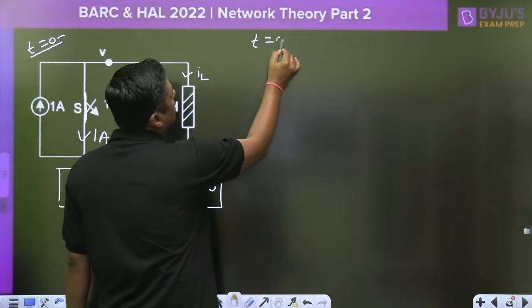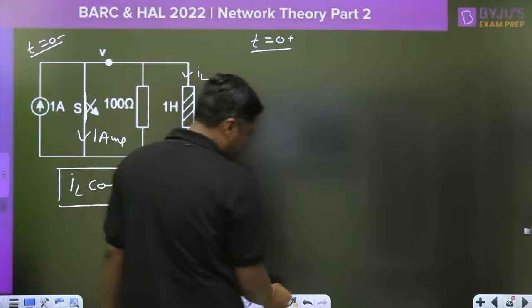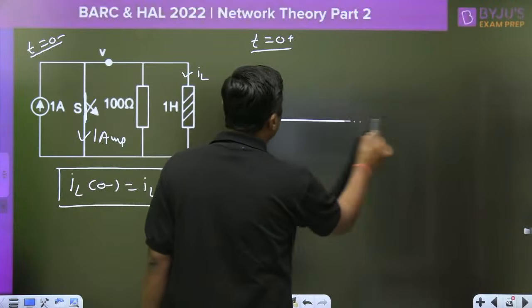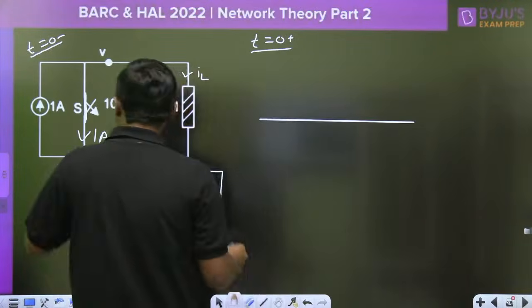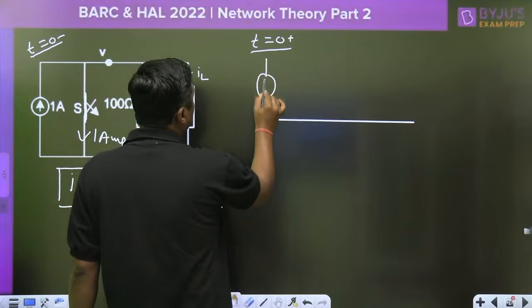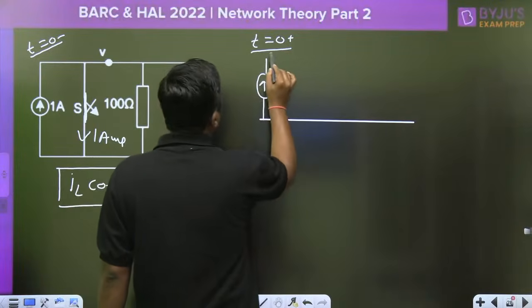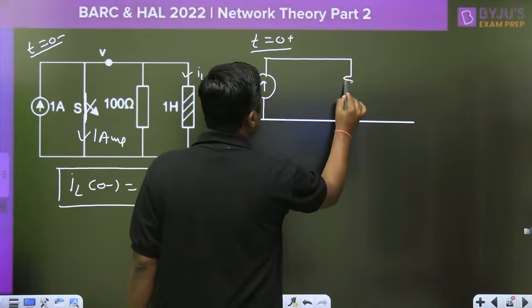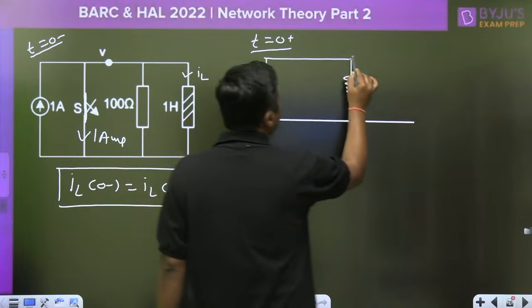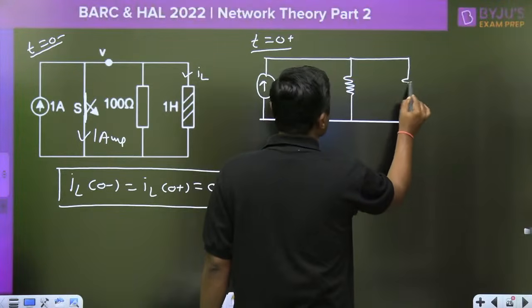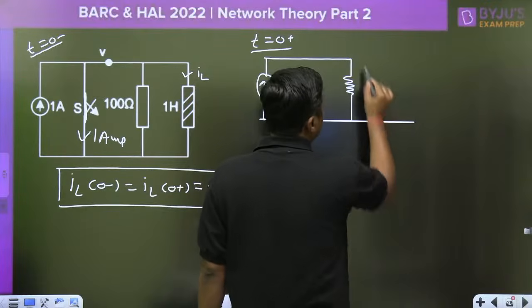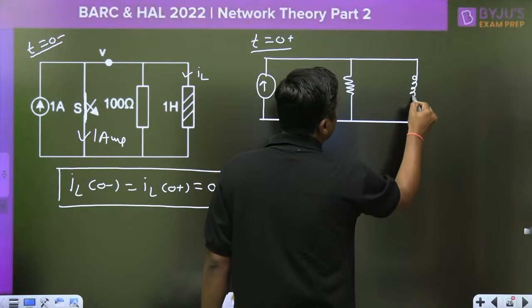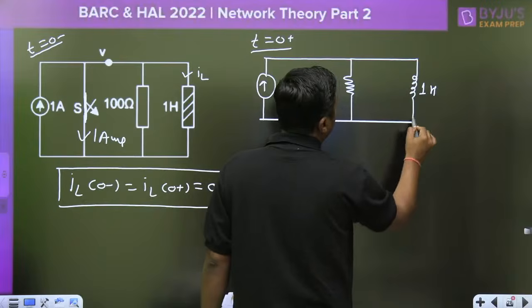For t equal to 0 plus, the switch is open. This is the 1 ampere current source, this is the 100 ohm resistor, and this is the 1 Henry inductor.